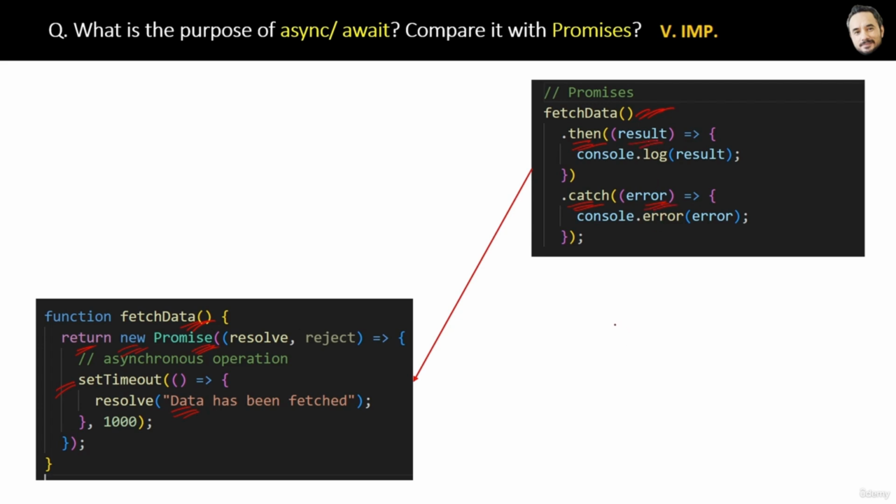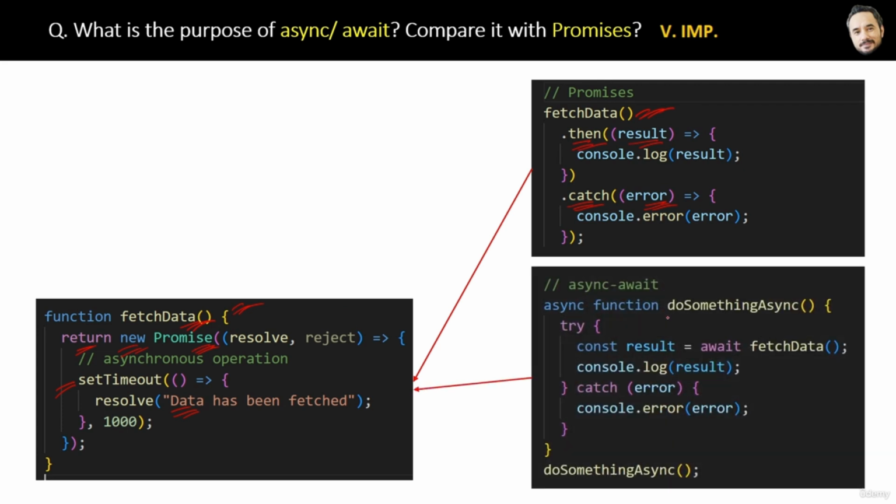You already know that. Another way of calling the promise and handling its result is the async await way, like this. Here you can see a function that is marked as async. Inside this, we use the try block to call fetchData and the catch block to handle errors. So basically when we call this doSomething async function, the code inside it will run asynchronously and will not block anything.